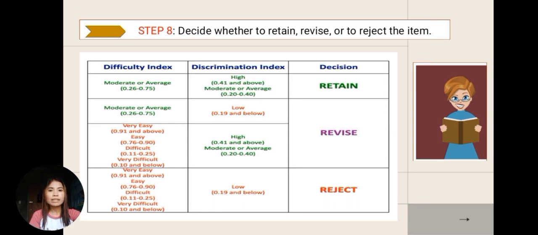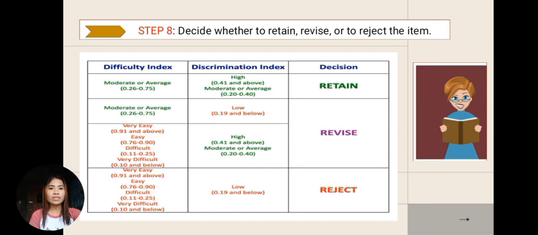It was stated earlier the different criteria of the difficulty index and the discrimination index, and here comes the decision making. When the difficulty index is moderate and the discrimination index is high or moderate, we need to retain the item. When the difficulty index is moderate and the discrimination is low, we need to revise the item.